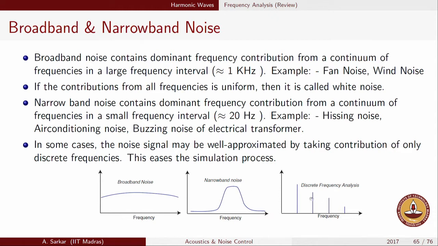And when we do discrete frequency analysis, we are just approximating individual frequencies, not all the frequencies. We are talking about each and every frequency, and probably multiple such frequencies can be analyzed, but we are not going to analyze a continuum of frequencies; that is the crucial point of differentiation.